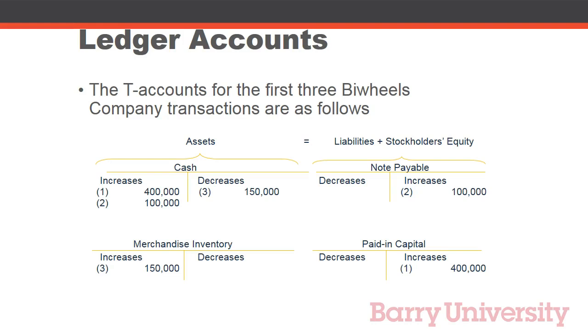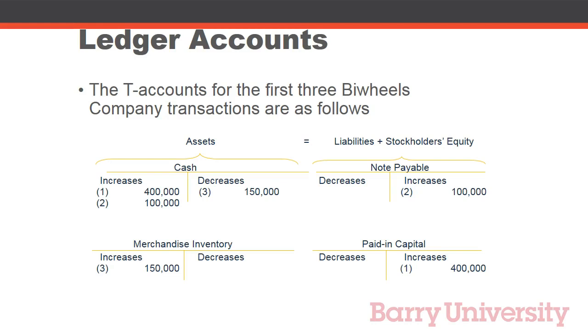Let's look at the first transaction. You may recall that the owner invested $400,000 into the company. Notice that the asset cash is increased through transaction 1 by $400,000 with a debit. Paid-in capital, which we previously called investment by owners, increased by $400,000 in the paid-in capital T account with a credit.